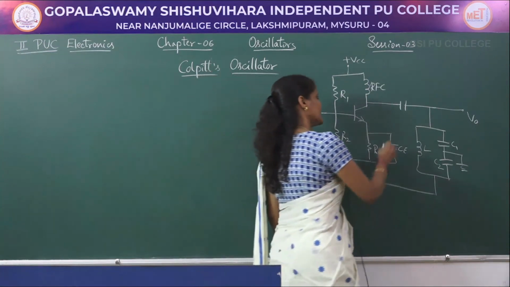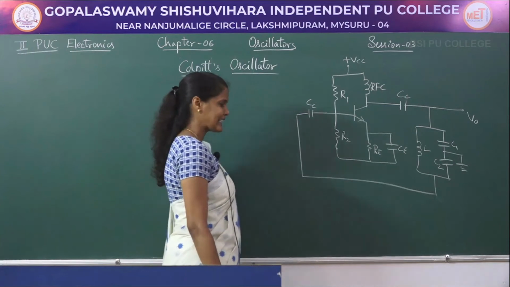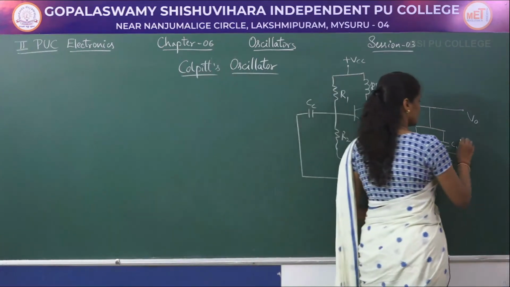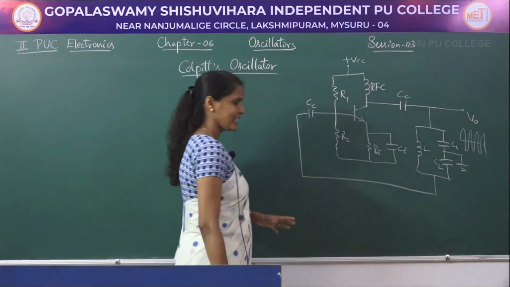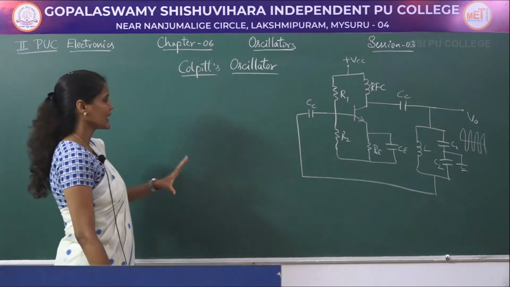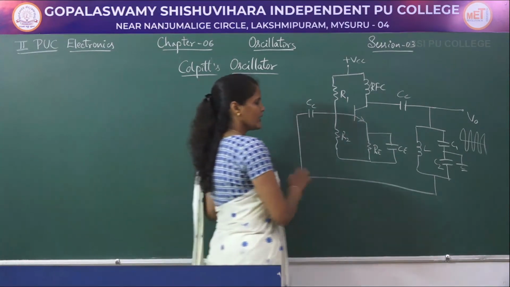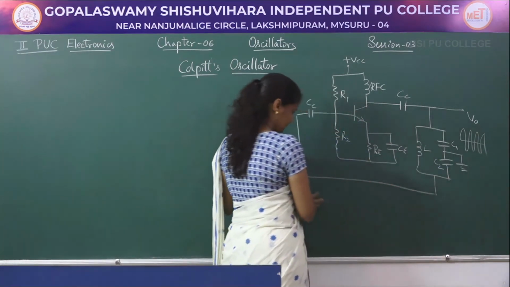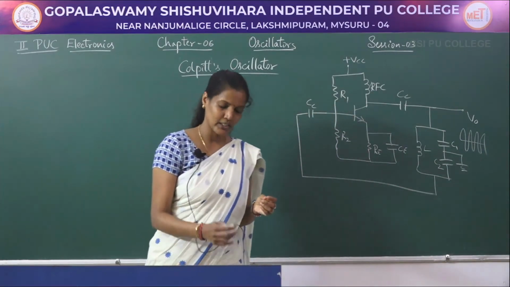So this is a simple circuit that we are going to use in order to generate the oscillatory signals or the sustained oscillation. Here, since we are giving the feedback from the capacitor to the amplifier circuit, it is called the Colpitts oscillator.